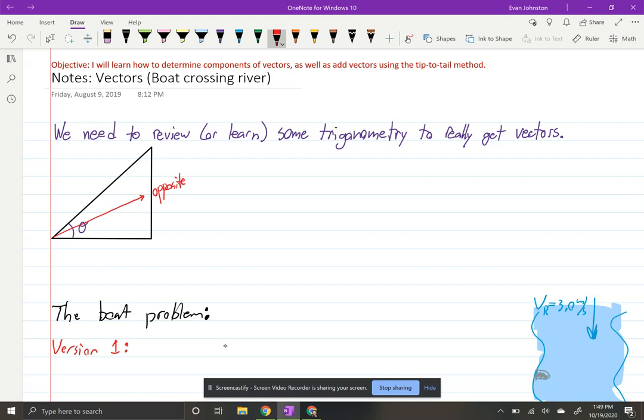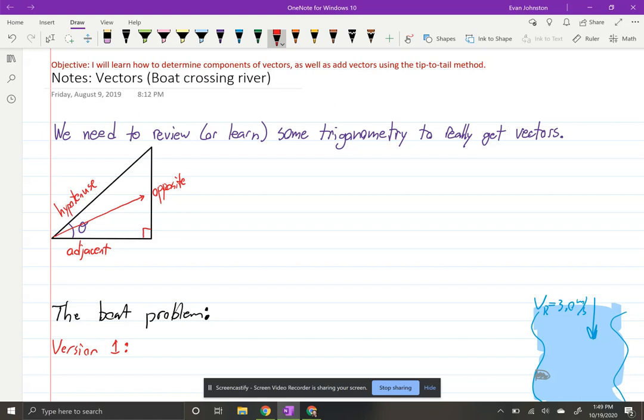Similarly, the side right next to it, along here, is called the adjacent side. Adjacent just means next to. And since this is a right triangle, with a 90-degree angle right there, this is the hypotenuse. Okay, cool. Sorry, my n's and u's look the same.